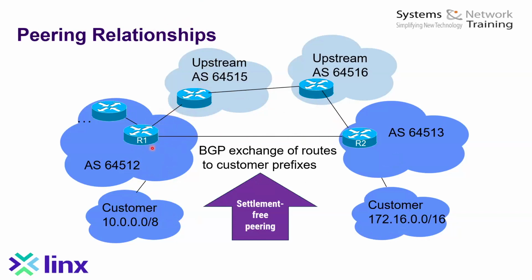But when 64512 pays its upstream provider, then the cost of the transit will depend usually on the amount of traffic going here. So if some of that traffic can be redirected across here, the amount of bandwidth that they are paying for goes down, and therefore there's a commercial benefit to 64512, and vice versa on the other side.